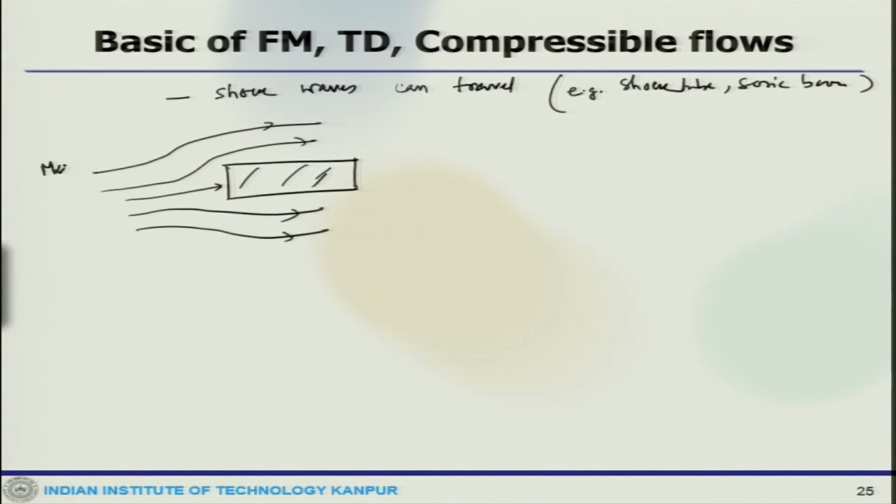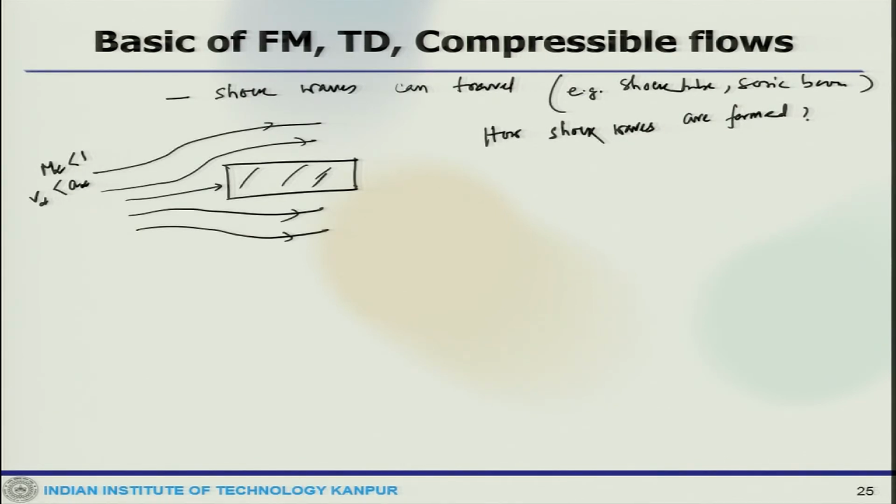Let us say M infinity is less than 1, V infinity less than a infinity. So, this is how we can define how shock waves are formed. Okay.